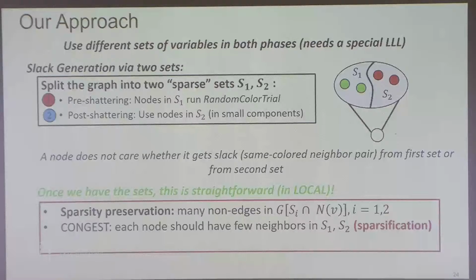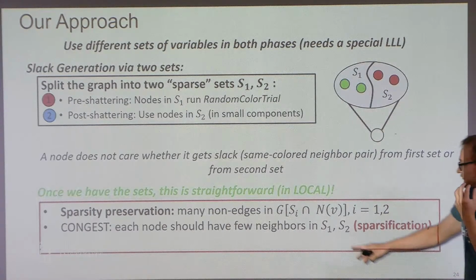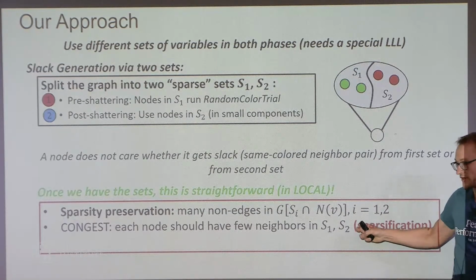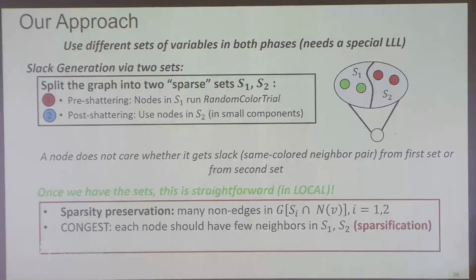And in the post-shattering, we want an event node to learn a lot of information about its random variables. If such a set Si has a large degree, an event node cannot even learn information about all of its variables. And this is really helpful if we sparsify it to a small degree graph, because then an event node can learn a lot of information about all of its variables.